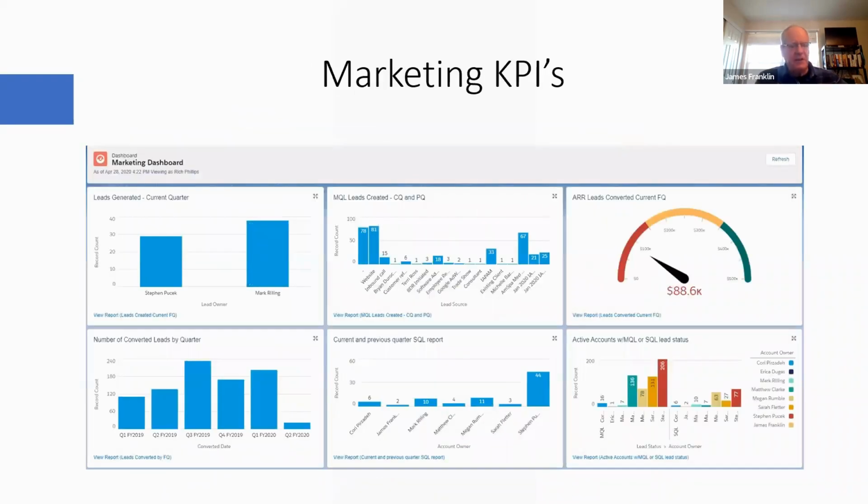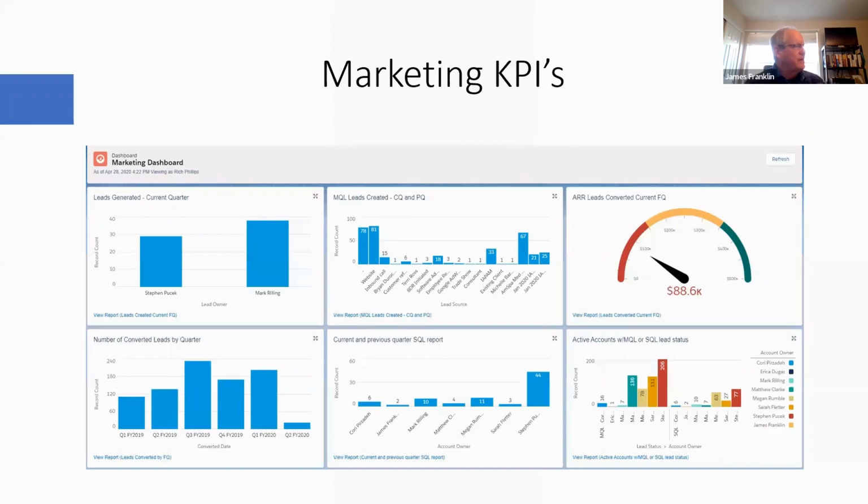So let's talk about KPIs. Here's just a snapshot, and I'm sorry it might be a little difficult to read, but this snapshot is some of the KPIs that I've used with different clients. This is a Salesforce dashboard, but if you just read across there, starting with the upper left, it's leads generated by the sales rep. There's MQLs.